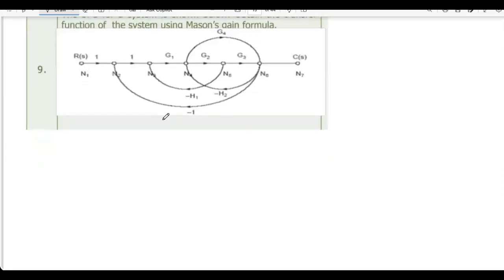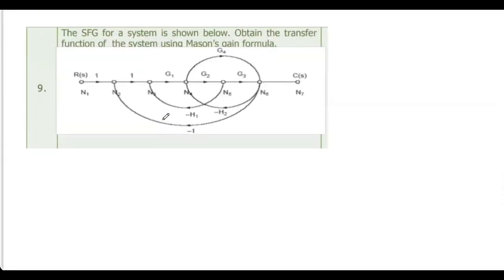Now let me take a plane. Now here, again tell me what is L1, L2? L1 is minus G1, G2, H1. L2 is G2, G3, H2.